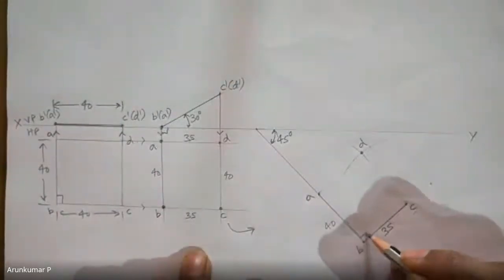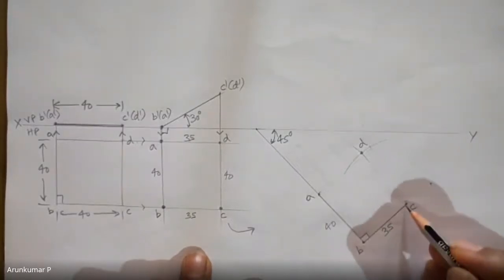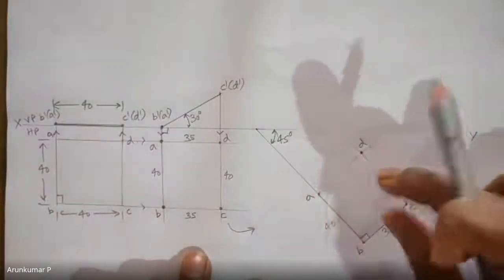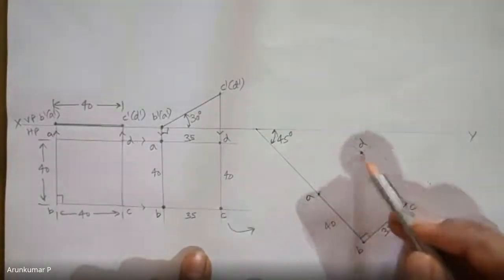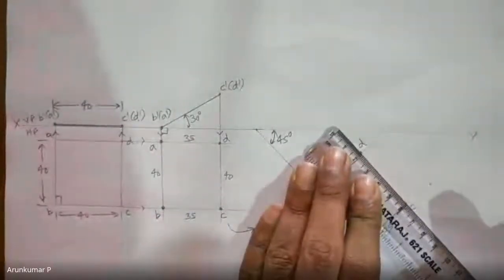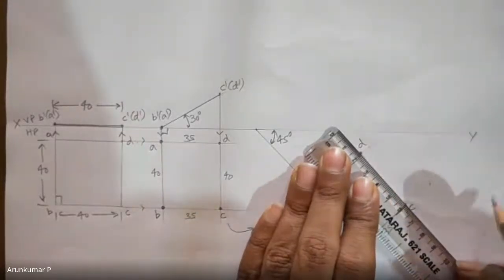Either you can use the protractor, measure the angle 90 degrees and locate BC, or you can use the rounder, measure this distance, make an arc, measure this distance, cut the arc and locate the point. It is up to you which method you use. Join CD and AD, and complete the third step top view.